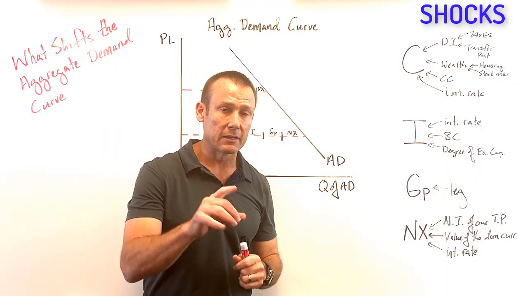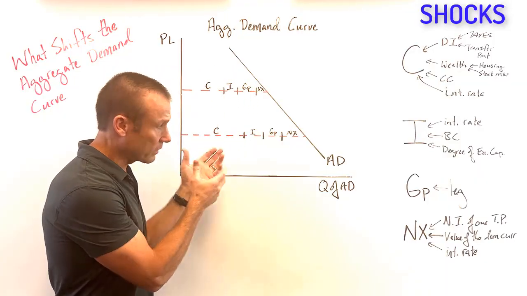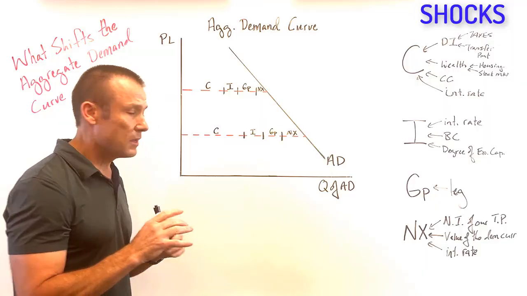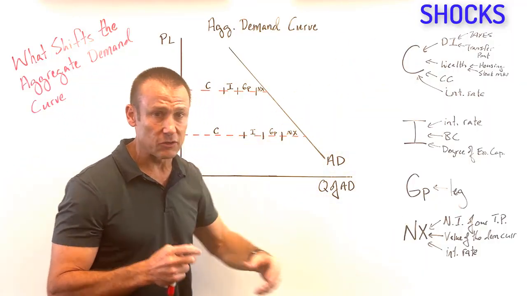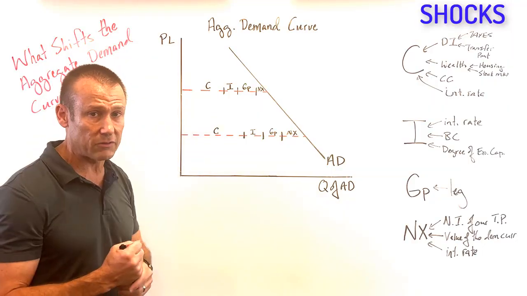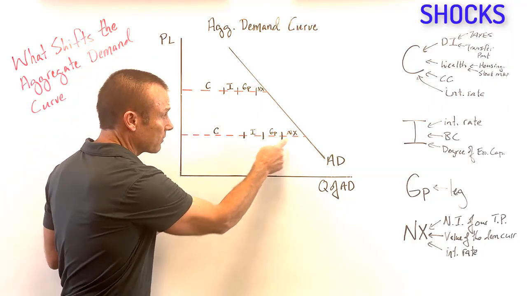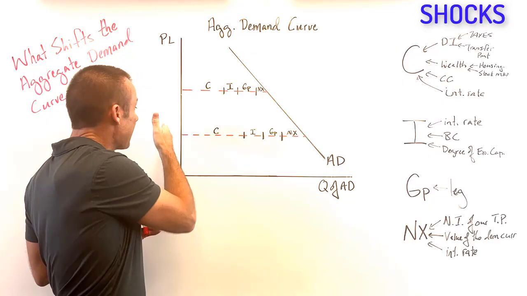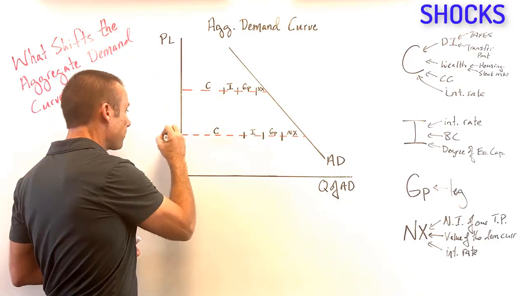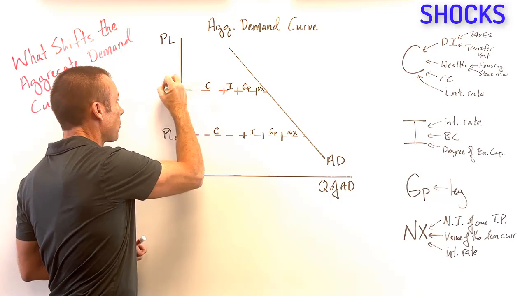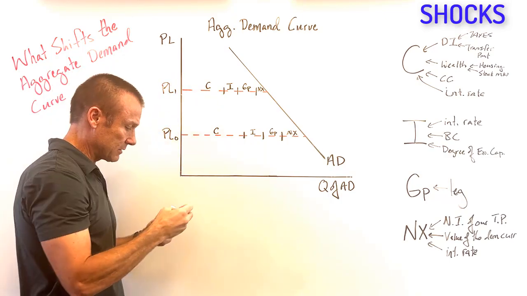And as I leave you guys, I just want you to take a look at this little graph right here, okay? Now, what's happening when any of these things change, which is something other than the price level, is one of these components is getting bigger at all price levels. So let me just put in real quick, price level sub 0, price level sub 1. So two different price levels.